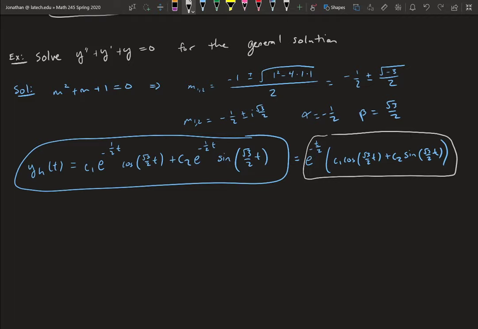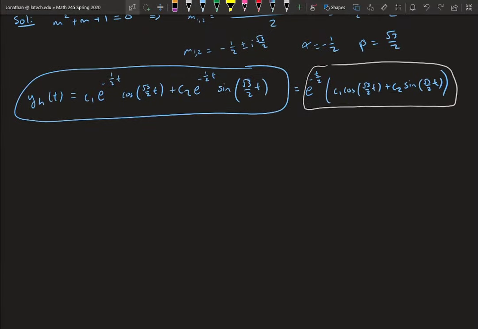Solve the initial value problem, IVP, and it'll be the differential equation y double prime minus 2y prime plus 2y equals 0, y of pi equals e to the pi, and y prime of pi equals 0. So solve the initial value problem.